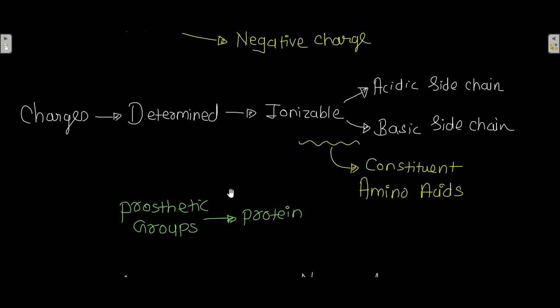So the charge of a protein is determined by the ionizable acidic or basic side chains of the constituent amino acids as well as the prosthetic group present on the protein.